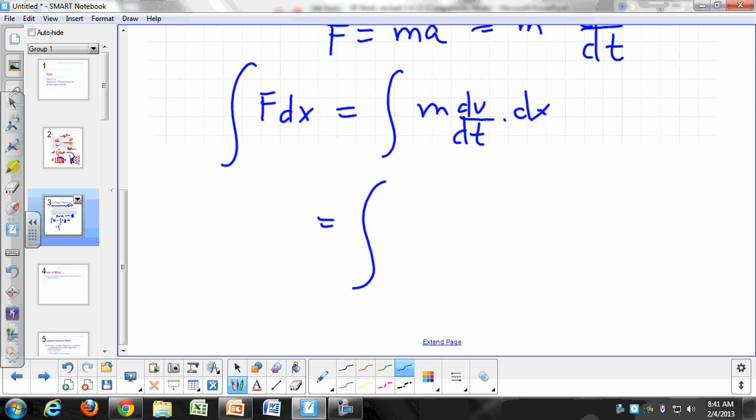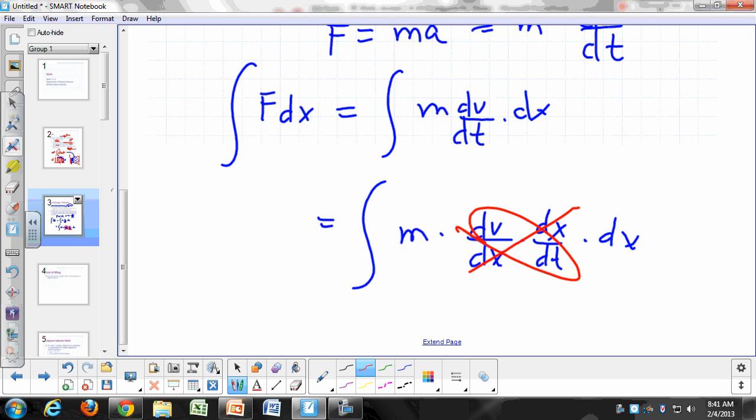And so I'm going to do the chain rule here. Mass times the derivative of v with respect to x times dx/dt times dx. Is that correct? Think of these as two things that will cancel out. So that's going to be dv/dt, chain rule, right?